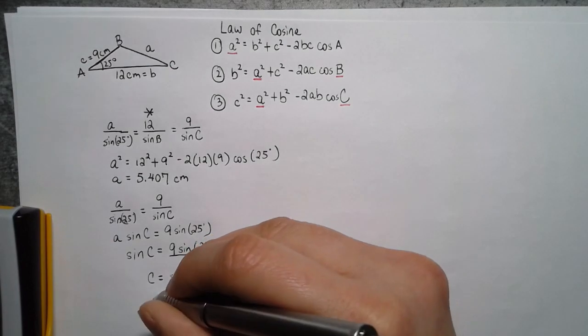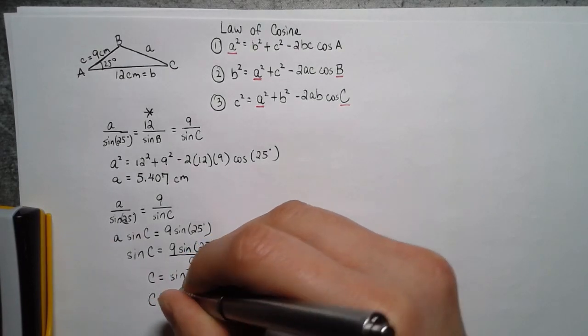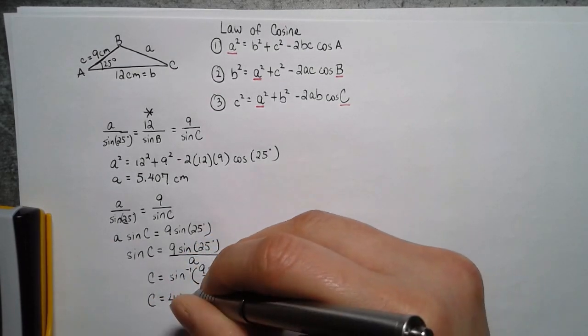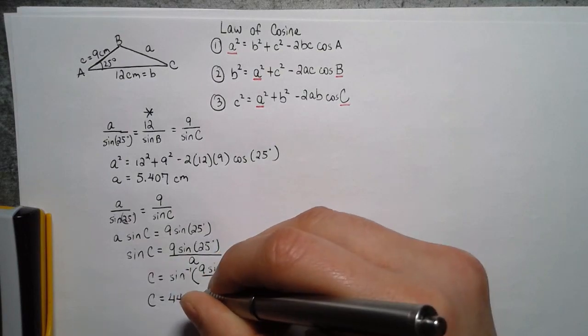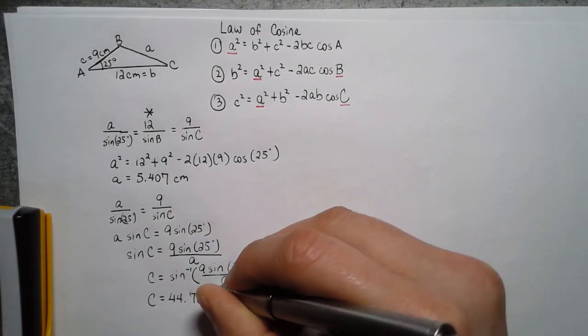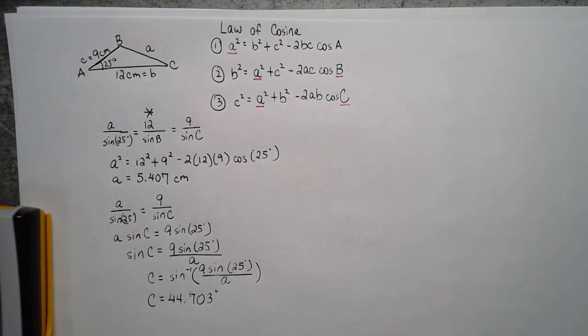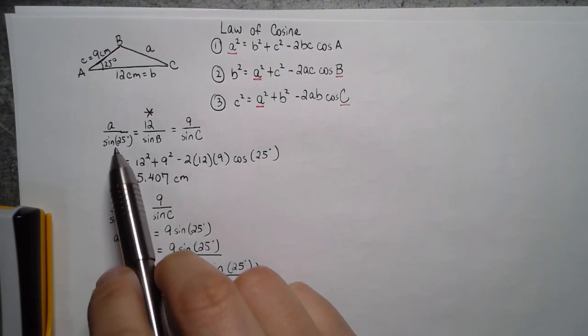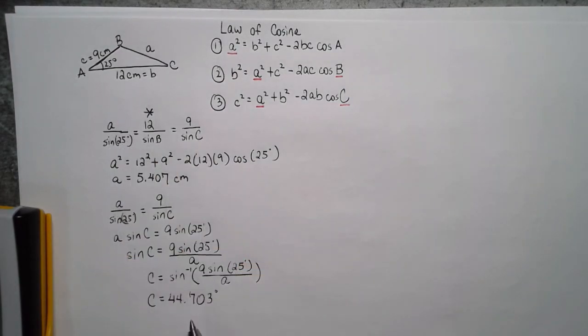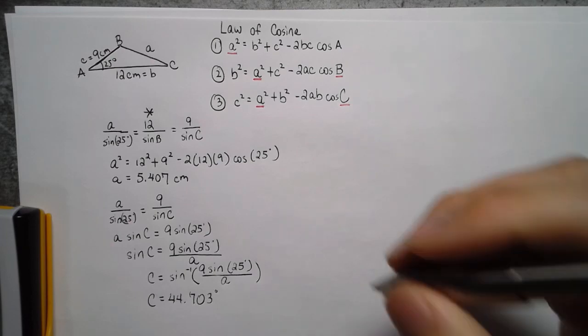So angle C is 44.7703 degrees, and there's only one thing missing left. We're just missing angle B now, but we do have two angles now, 25 degrees and this 44.77.